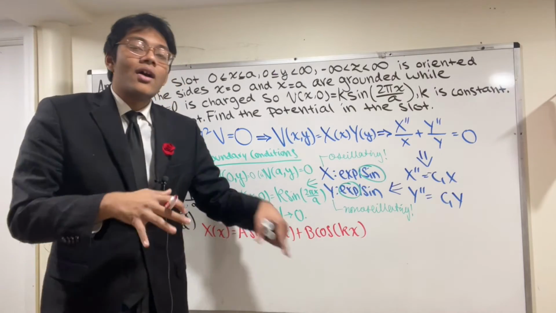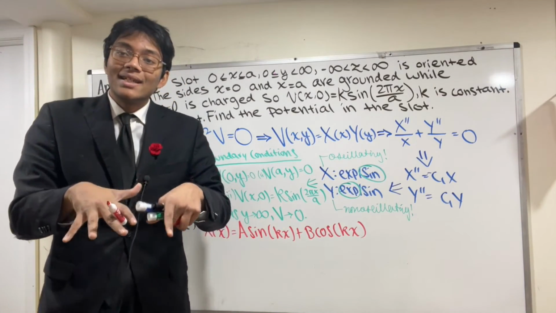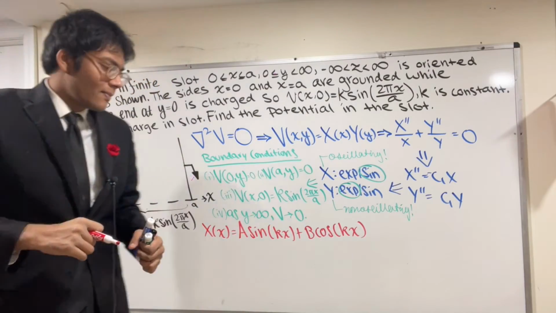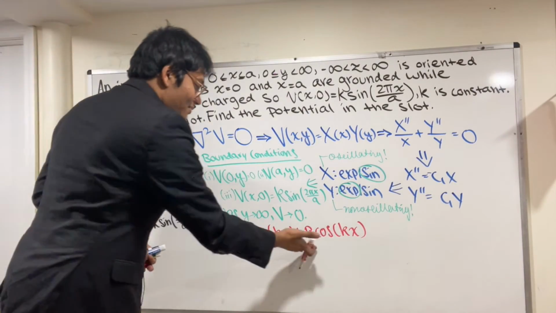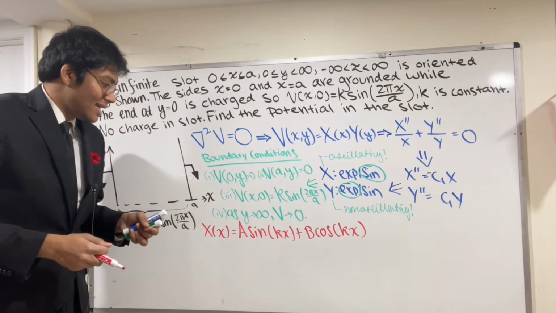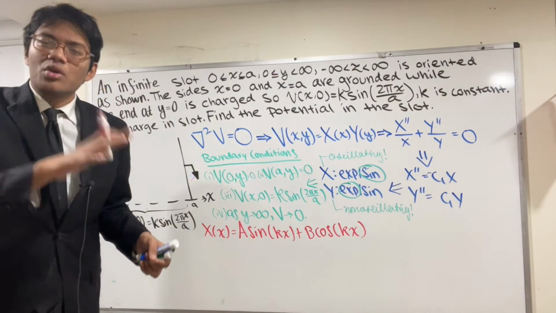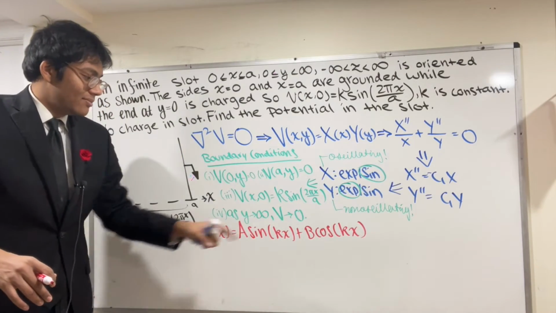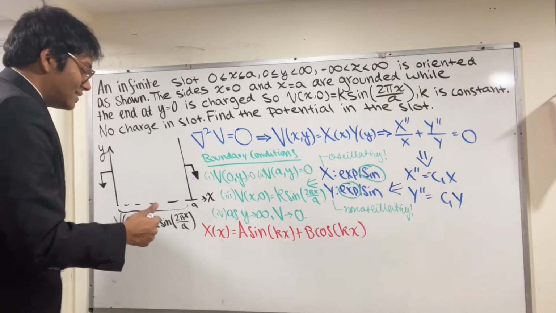Sine and cosine are a fundamental basis that we can use to create any function that we want. These a and b just control how much of each ingredient we want. Say I want just a sinusoidal function, no cosines. Well, then I turn a all the way up and make b 0. Okay, so that's the idea.